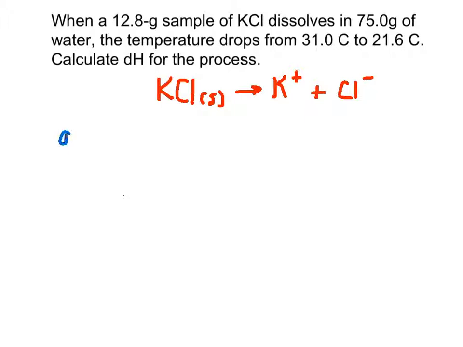So we have Q, and just to emphasize, I'm going to put that this is Q surroundings, and that's equal to M times C times delta T. Okay, so let's fill in the parts here. Maybe I'll start a new line in my equation.